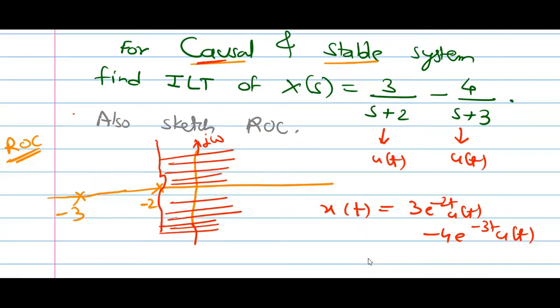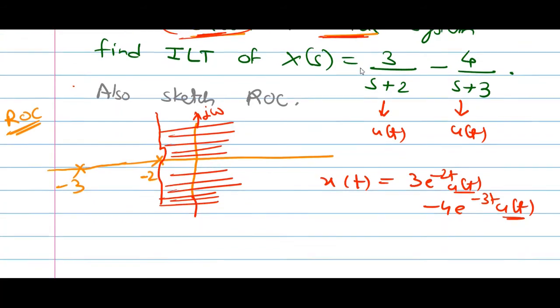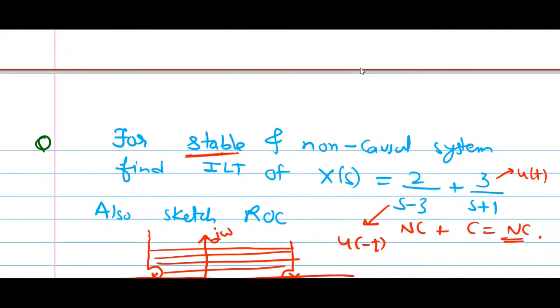So the first answer is e raised to minus 3t plus e raised to minus 2t u of t. So u of t means it is causal. Then stable, since minus 2t u of t, opposite sign, means stable, and minus 3t u of t, opposite sign, means stable. So the answer we got may be correct, and it is following our concept, which means it may be the correct answer.